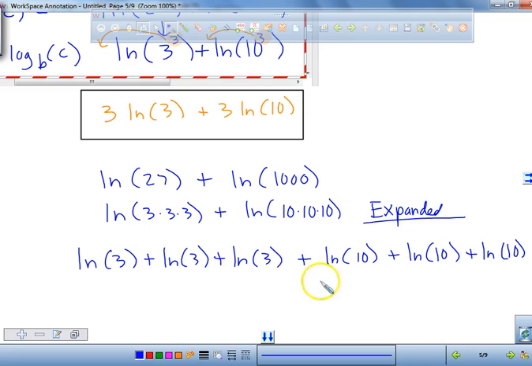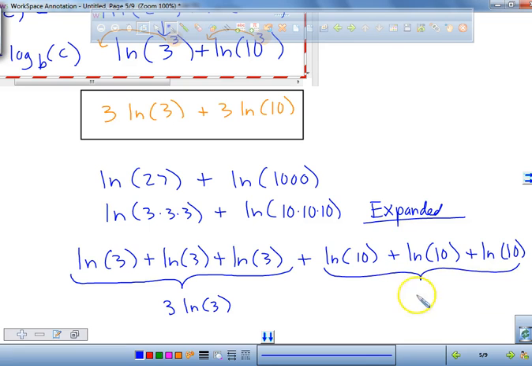If you have 3 times 3 times 3, what does that get us back to? 27. 10 times 10 times 10 gets us to 1,000. Well, what's a more condensed way of writing this? How many natural logs of 3 do we have? 3. So that's why you're allowed to write 3 natural log of 3. How many natural logs of 10 do we have? 3.